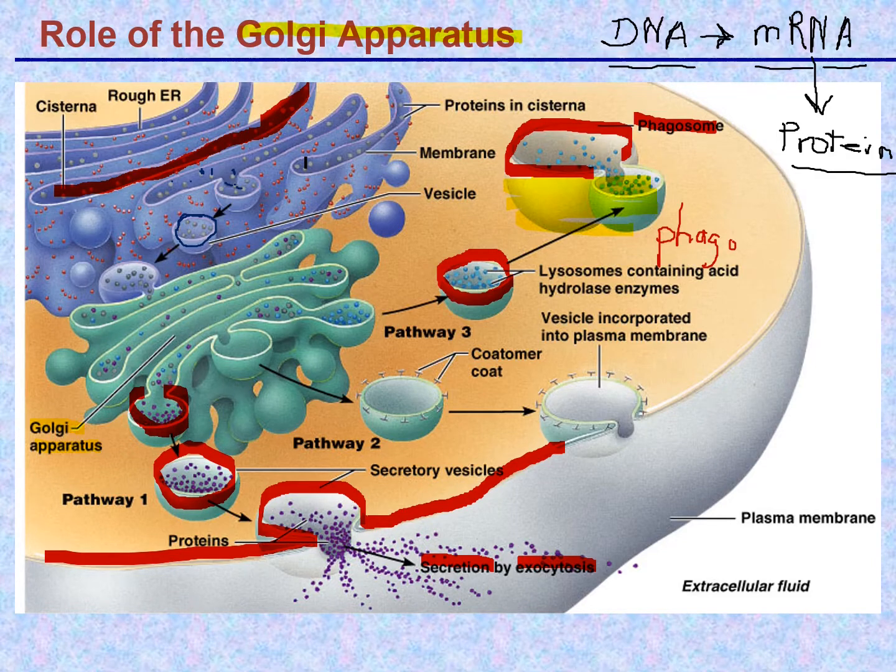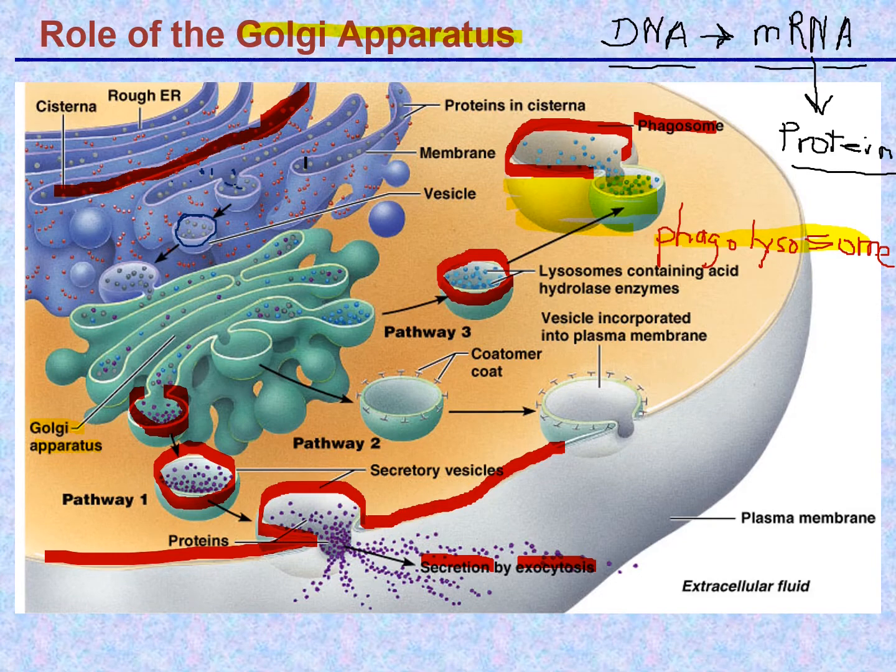Following fusion, you have formation of a phagolysosome. And inside the phagolysosome, you get digestion, hydrolytic enzymes acting on whatever solid thing the phagocytic cell took in its phagocytic vesicle, its phagosome. Phagolysosome, P-H-A-G-O-L-Y-S-O-S-O-M-E.